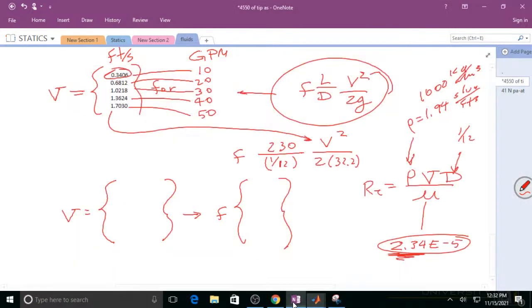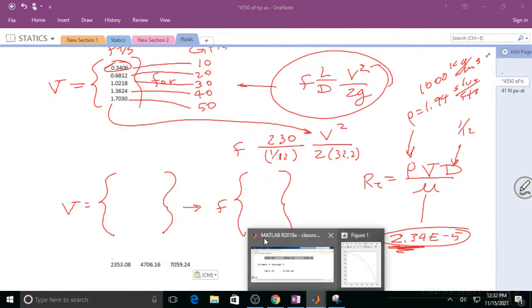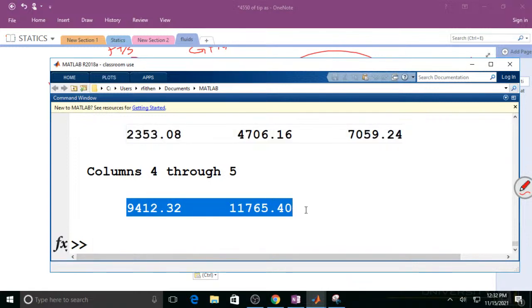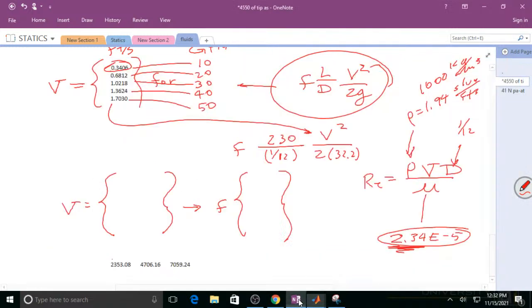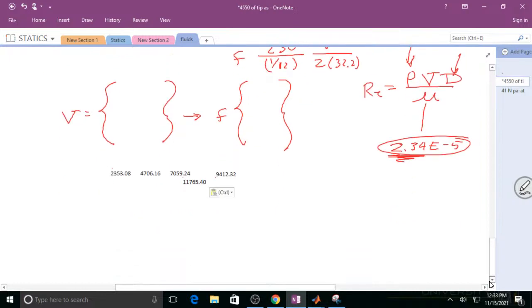Shoot. There's one set of Reynolds numbers. Here's the other. They're not very high. So I'm a little disappointed here that they're not that high. But, you know what?